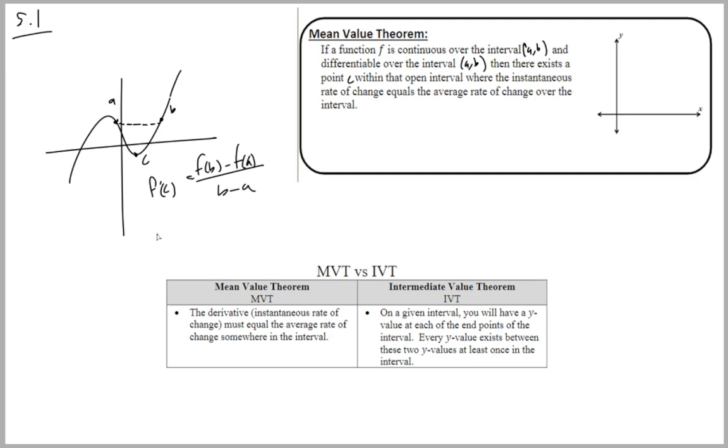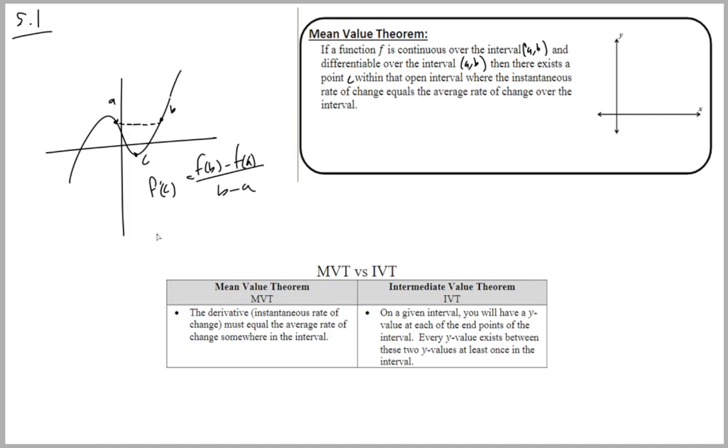That's basically what we use the mean value theorem for. We can also use it to approximate other derivatives, and understand if there is a derivative that is a certain value in between these two points.